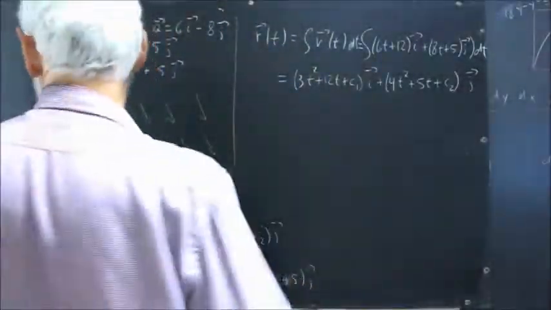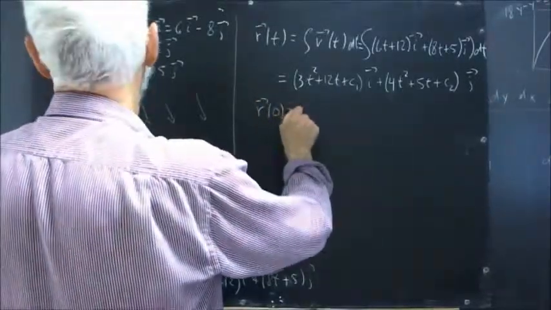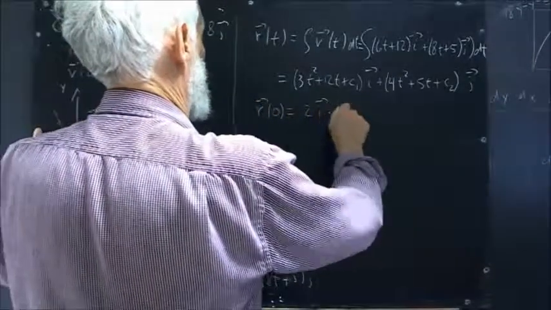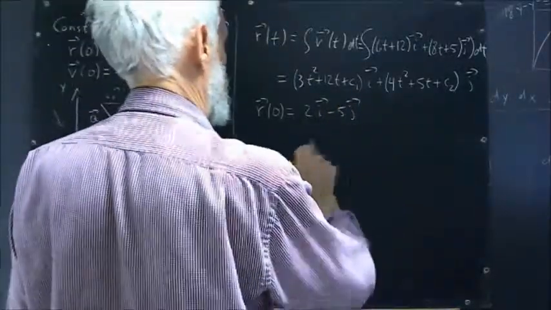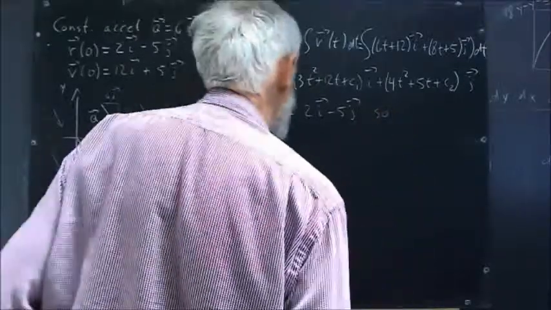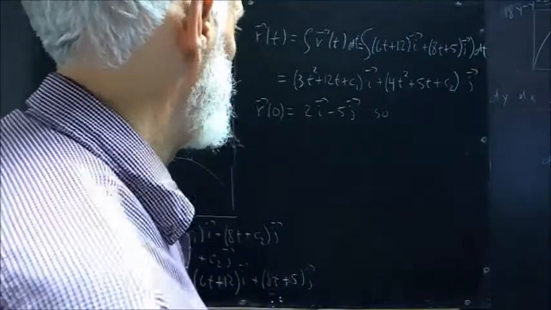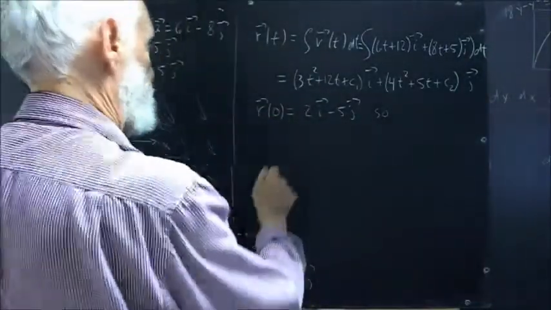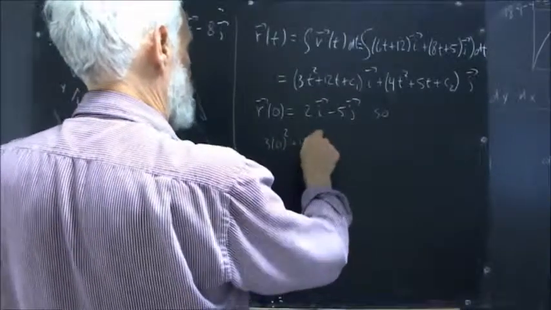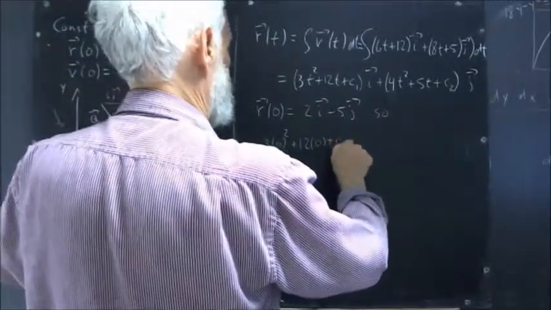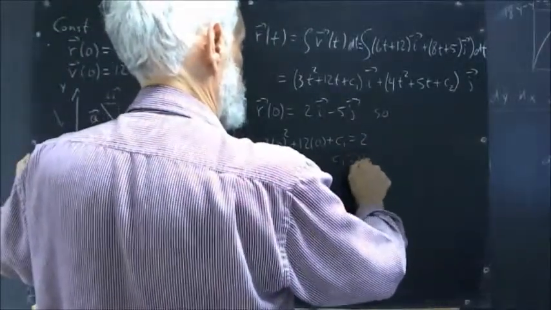And then we apply our initial condition. R of 0 equals 2i minus 5j. So, 3t squared plus 12t plus C1, when t equals 0, I'll write it out: 3 times 0 squared plus 12 times 0 plus C1 has to equal 2, so that C1 equals 2.